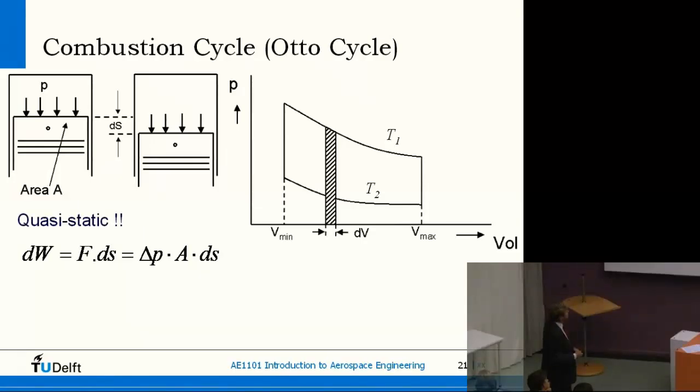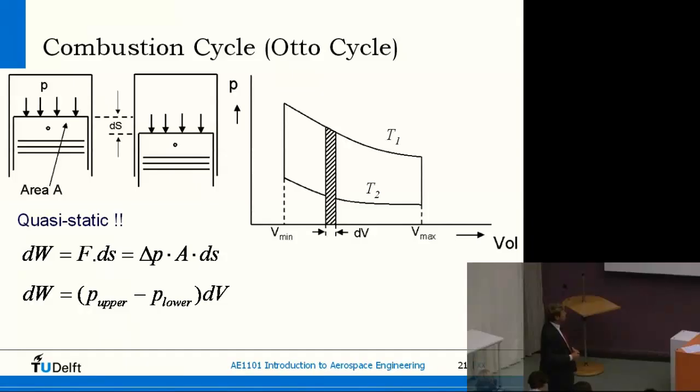So if we assume this is quasi-static, a thermodynamic property we'll forget about now, we can say the amount of work is the force times the displacement of the piston. And this is nothing else than the pressure difference, just the extra pressure we get inside compared to outside, times the area times the movement of the piston.